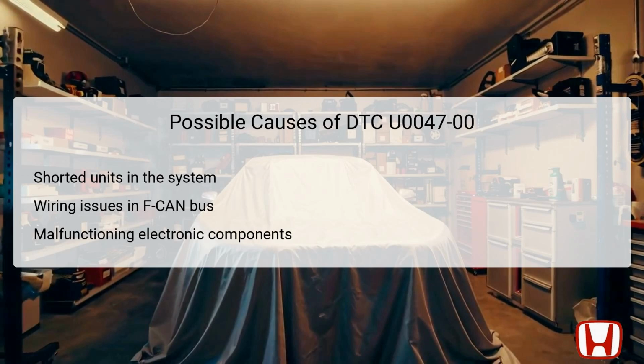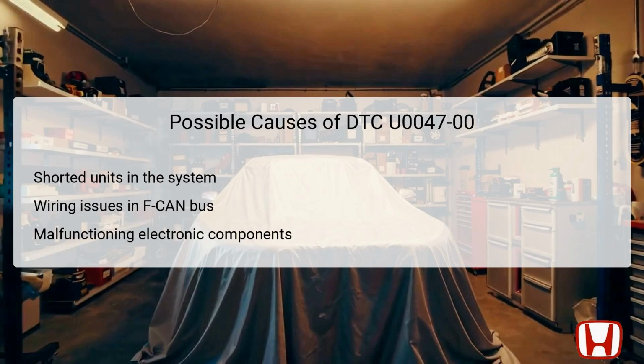Specific components responsible for vital operations, such as the PCM or VSA modulator, may directly contribute to this fault if they malfunction. In addition, there may be wiring issues within the FCAN bus itself, including poor connections, corrosion, or damage to cables that could interrupt the CAN signal.